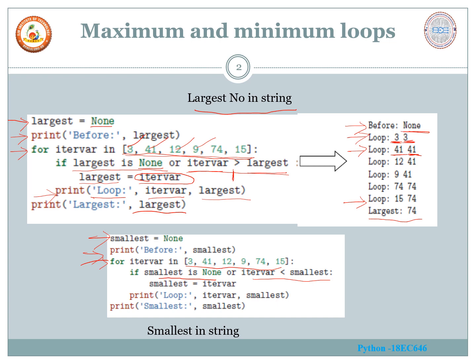That means the value inside the list is less than the value inside the smallest variable. So if the value in the given list is smaller, then replace the smallest content with the iteration variable value.